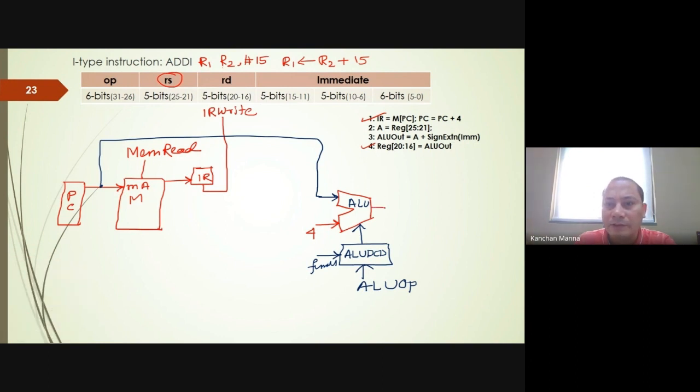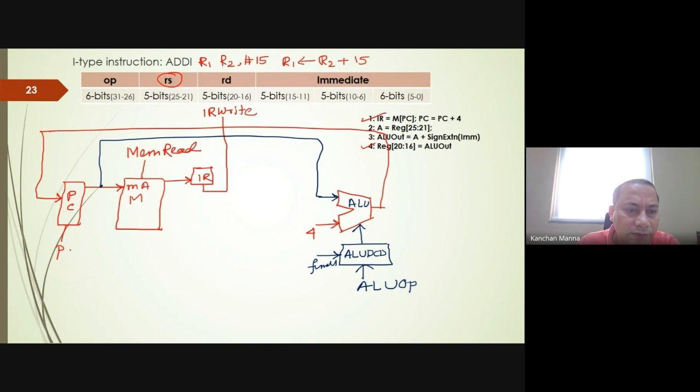If you remember, last time we also discussed that PC plus 4 won't be stored in the ALU out register. And we have PC write here. Okay. Now in the next step, we have to read the register from the register file.